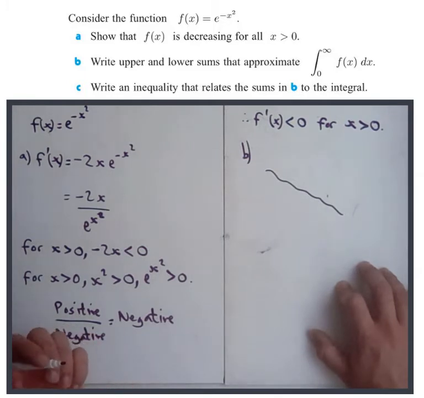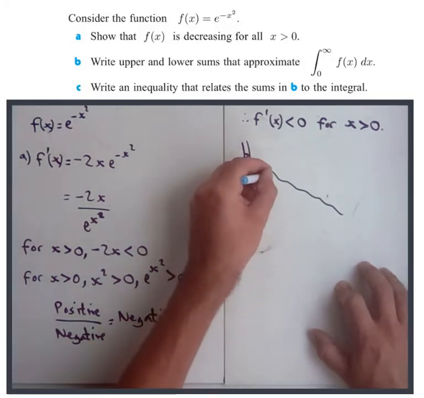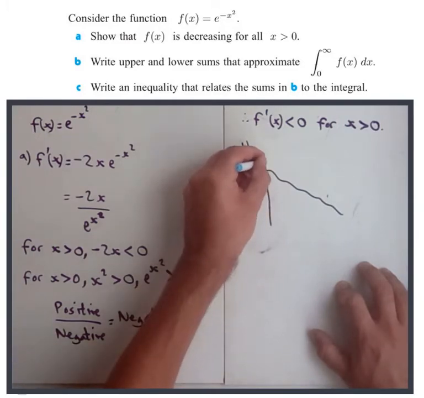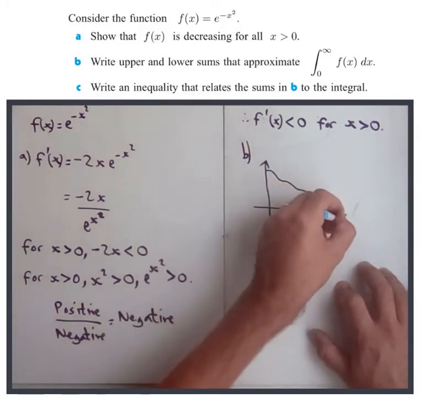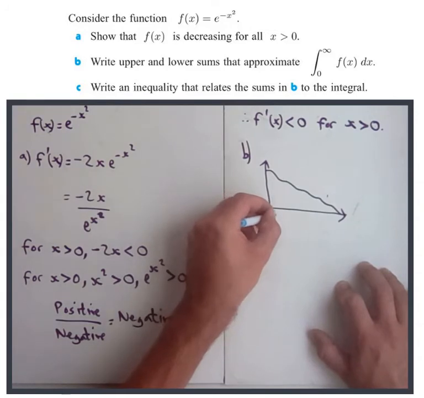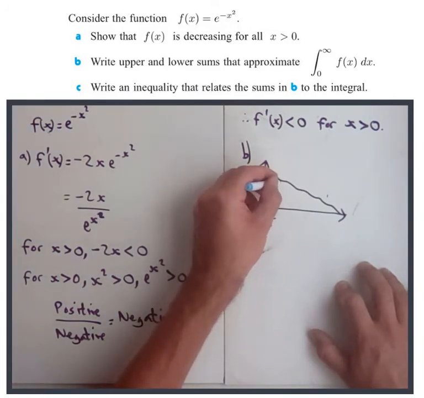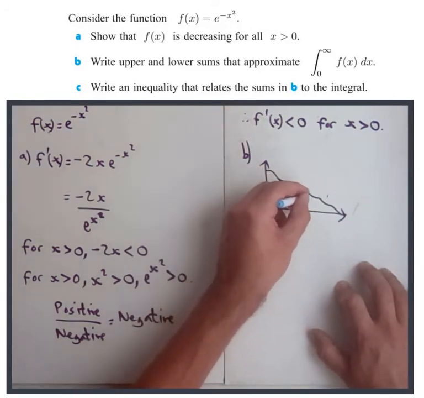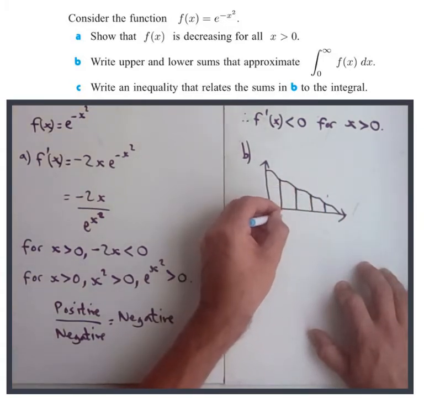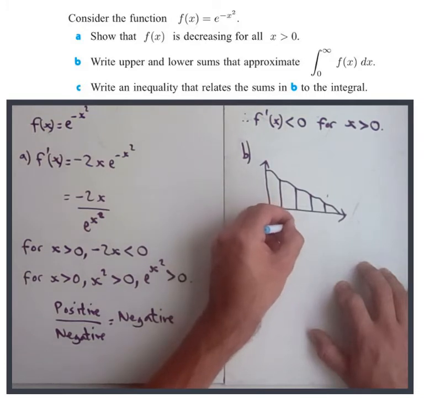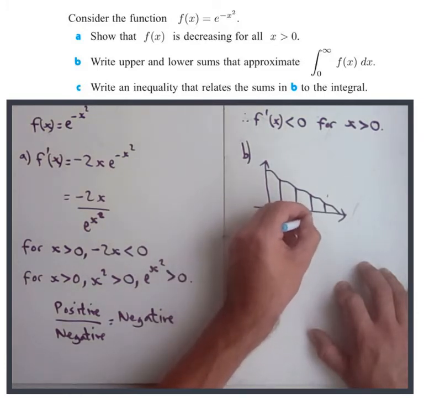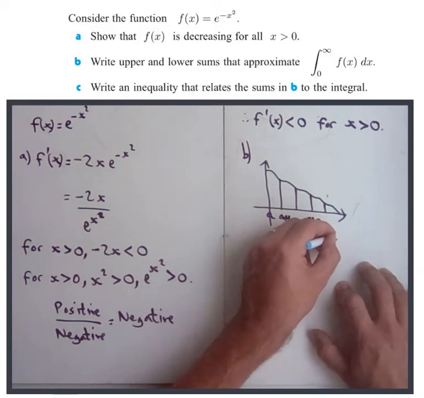This particular improper integral starts from 0, so this 0 can be a. We're splitting up all these things, so a plus 1, a plus 2, a plus 3, a plus 4, and so on, right?